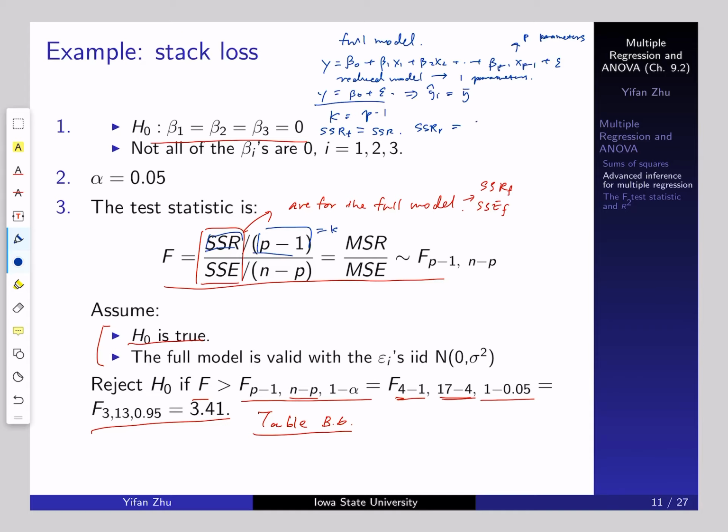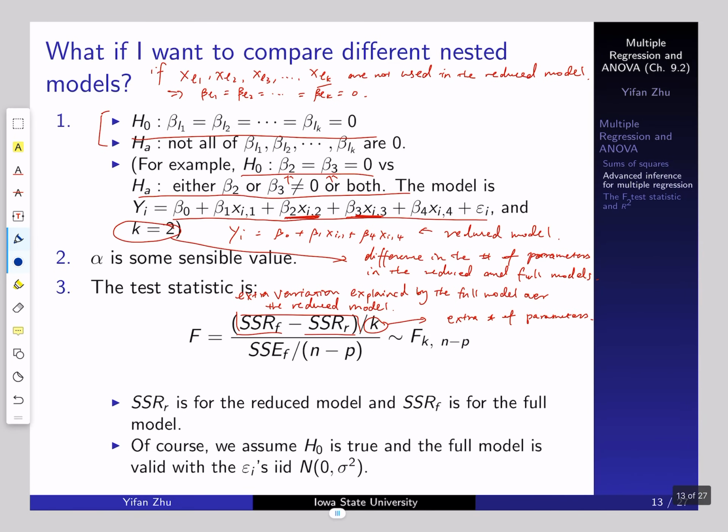So the SSR is this, and since y hat is just y bar, y bar minus y bar squared is 0. And then we have SSRF minus SSRR divided by k is just SSR divided by p minus 1. Okay. So this is just a special case of this formula.